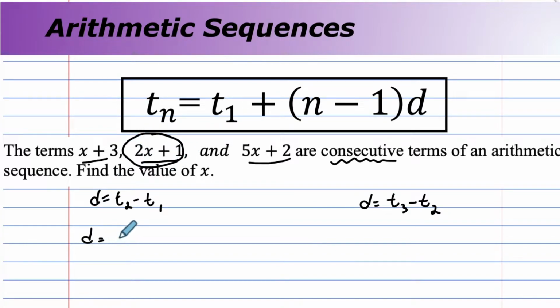D is the second term, subtract the first term. But we have to put it in brackets because it's the whole thing. D is also the third term, which is this one, 5x plus 2, subtract the second term.